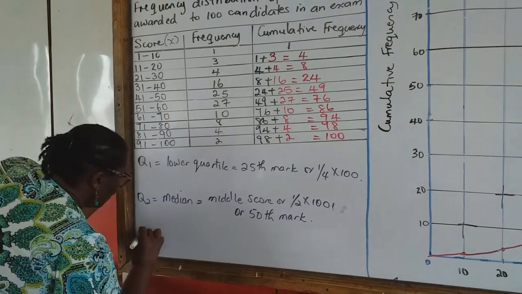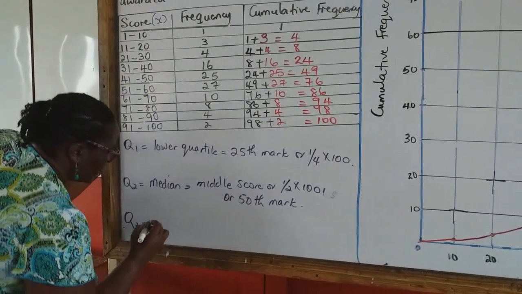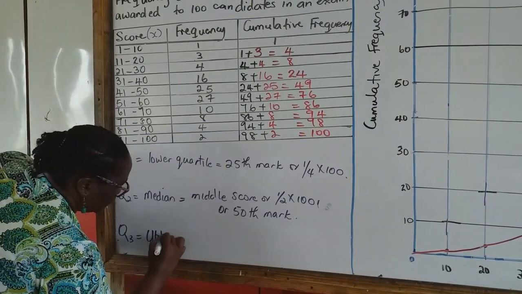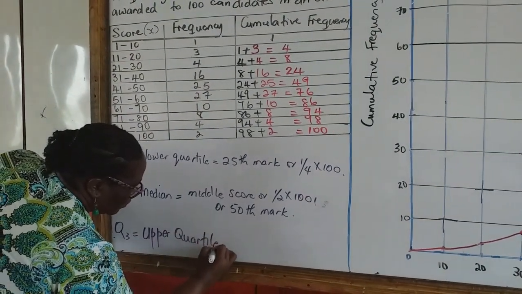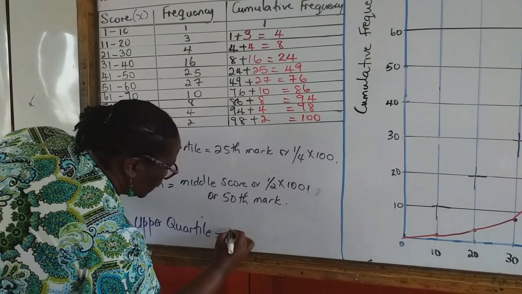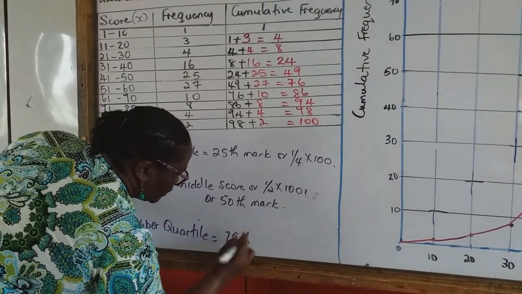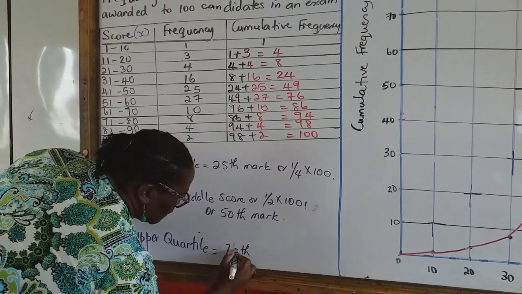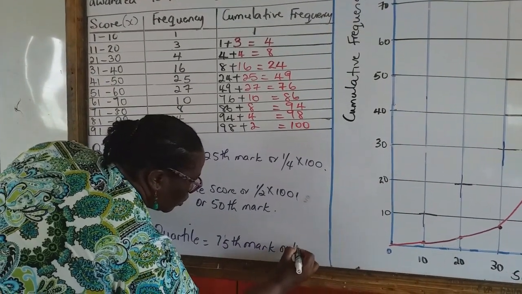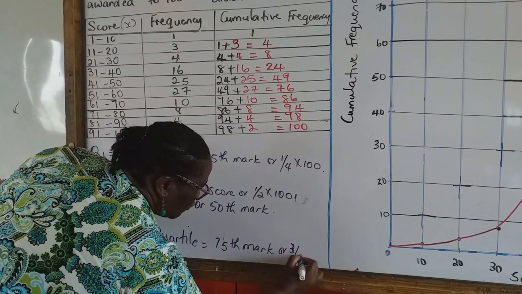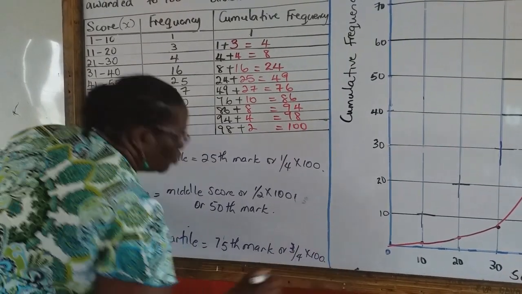Then we have Q3, which is the upper quartile, the 75th mark, or 3 over 4 times 100.